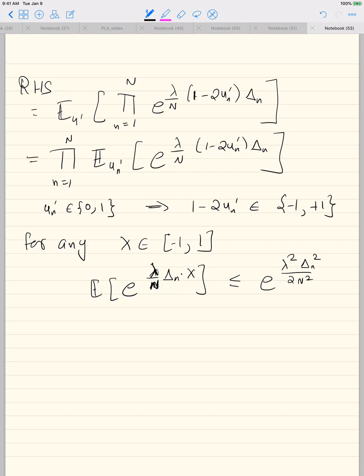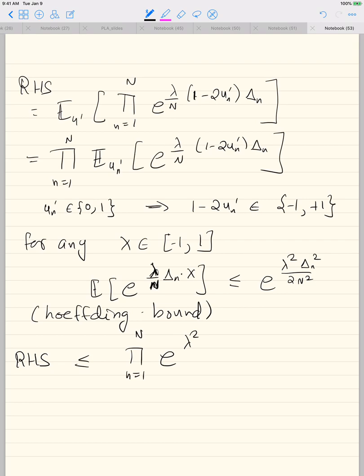So this is known as the Hoeffding's bound. It's not exactly the Hoeffding's inequality, but okay. So what we have is that the right hand side is upper bounded by summation of n going from 1 to n e to the lambda square delta n square by 2n square.